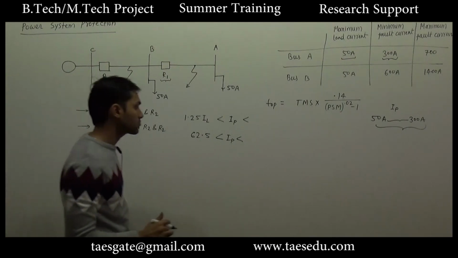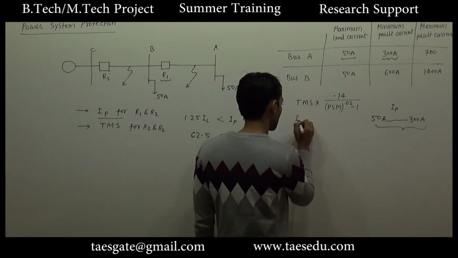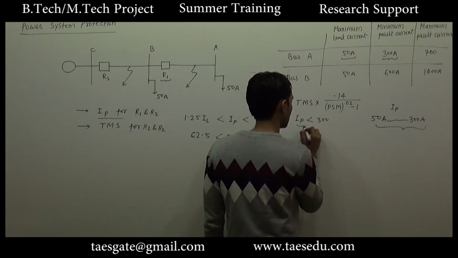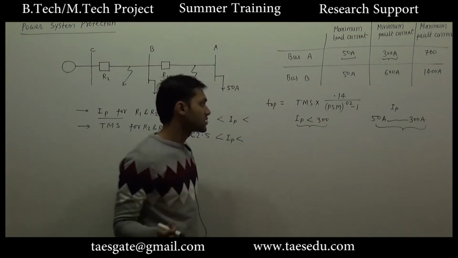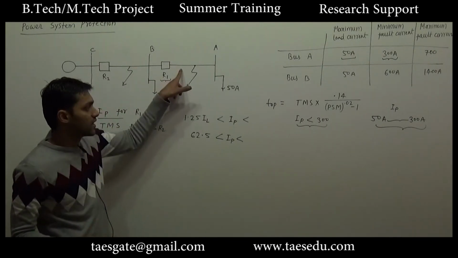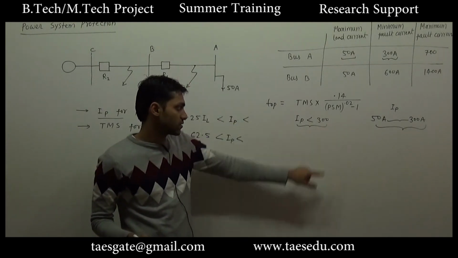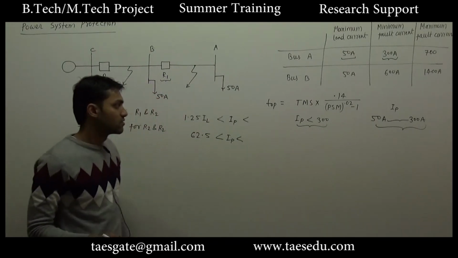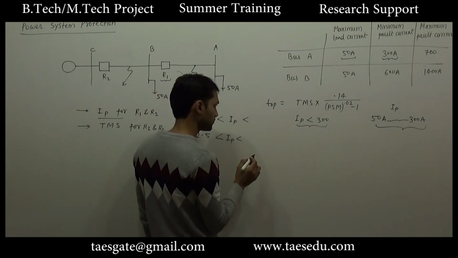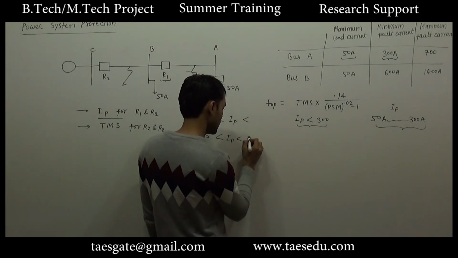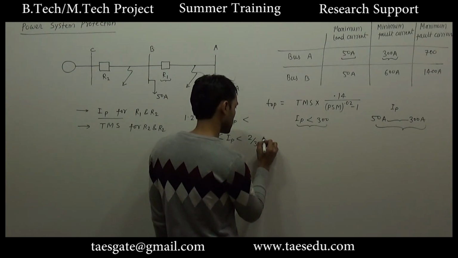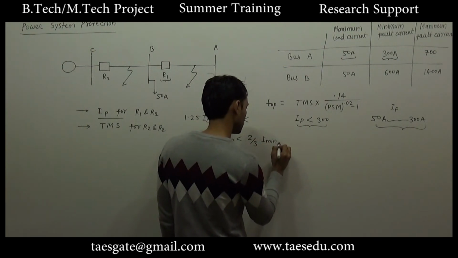So the pickup current must be less than 300 ampere, or the relay must start its working if the current in the line is 300 ampere, or even before this. Normally the pickup current should be less than 2 by 3 of the minimum fault current.